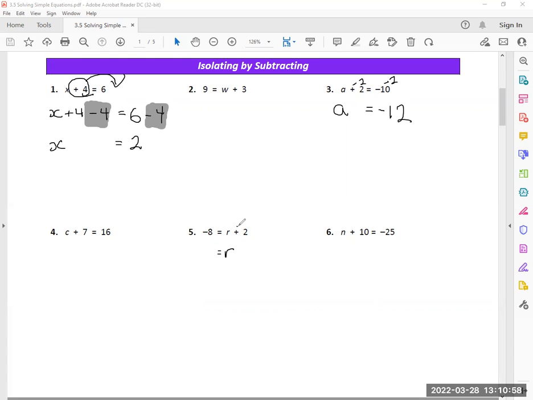So it's a plus 2, so I'm going to subtract both sides by 2, which will get rid of this part. It makes this part go away, which means all I'm left with is the R. So what is negative 8 minus 2? R is going to be negative 10. Every single time you're looking at what you need to do to get the variable all alone. Isolate the variable.